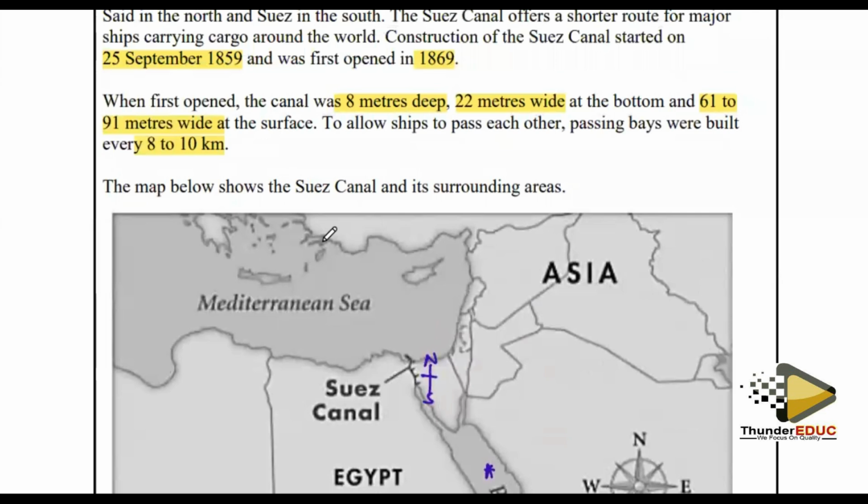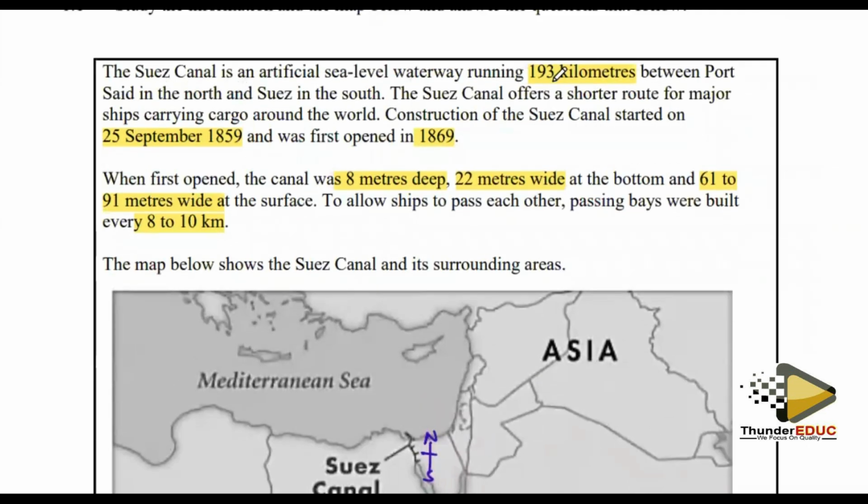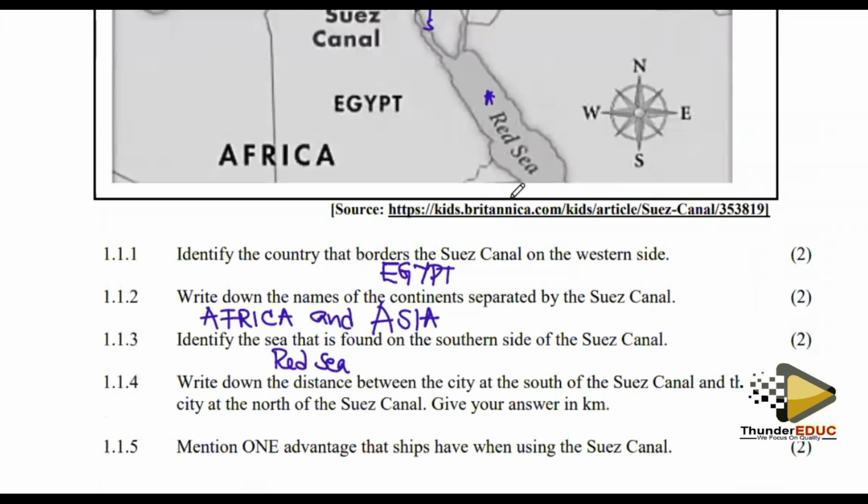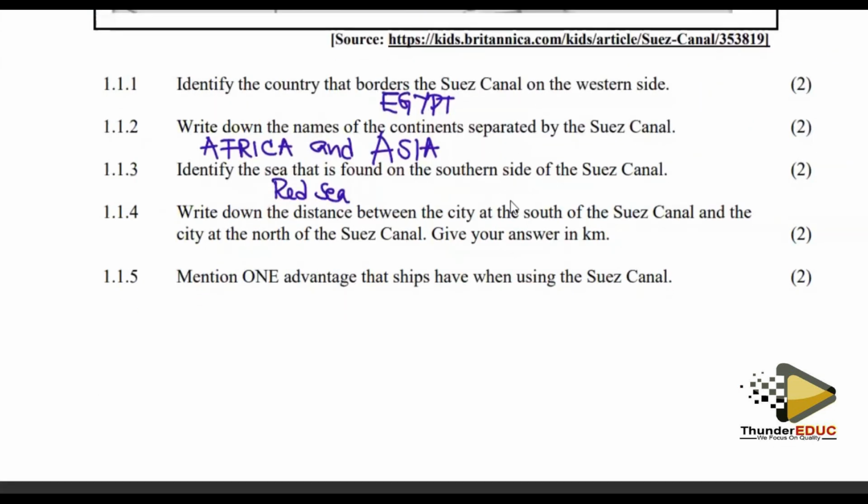We come back and we see the Suez Canal runs 193 kilometers between the Port Said north and the Suez south. So this is the distance that you're looking at. They said you want it in meters. So it will be 193. Oh, they said in kilometers.